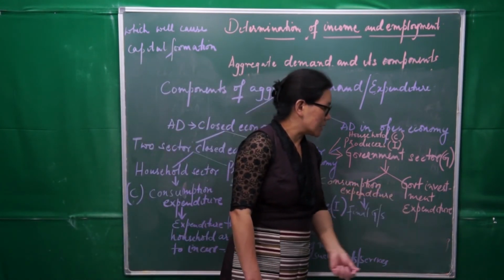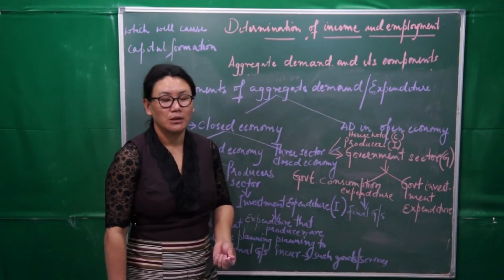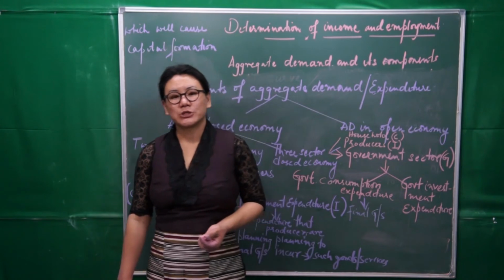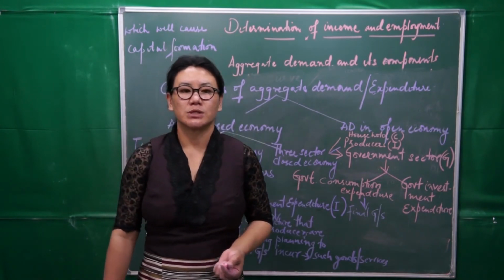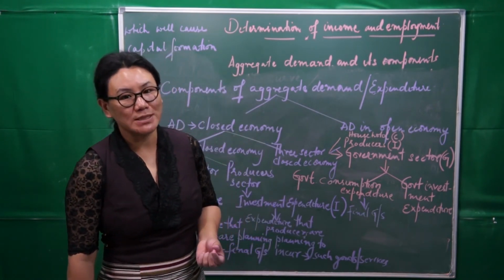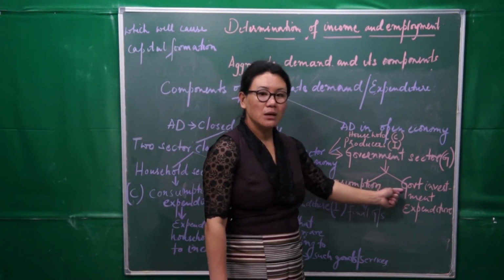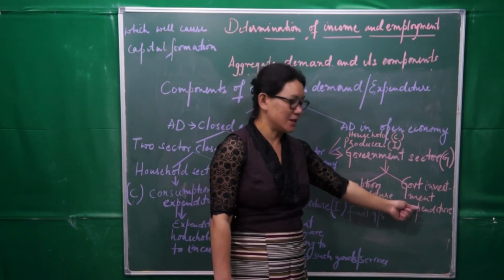Second one is here, government investment expenditure. Examples: construction of roads, schools, hospitals will be a part of government investment expenditure.